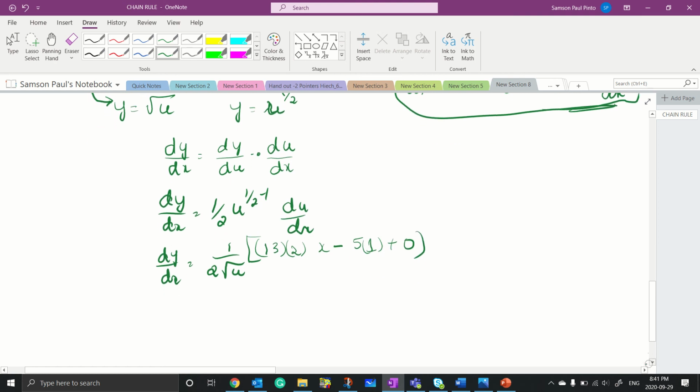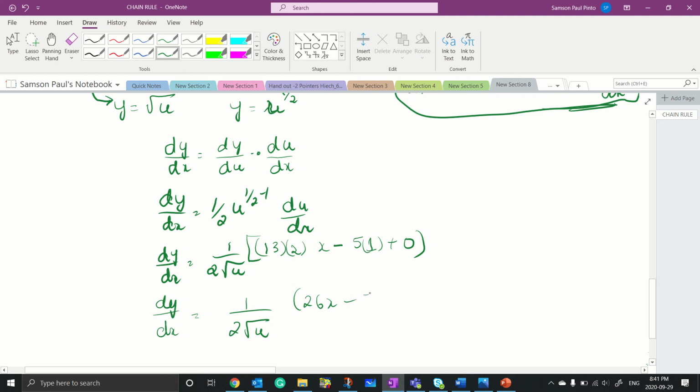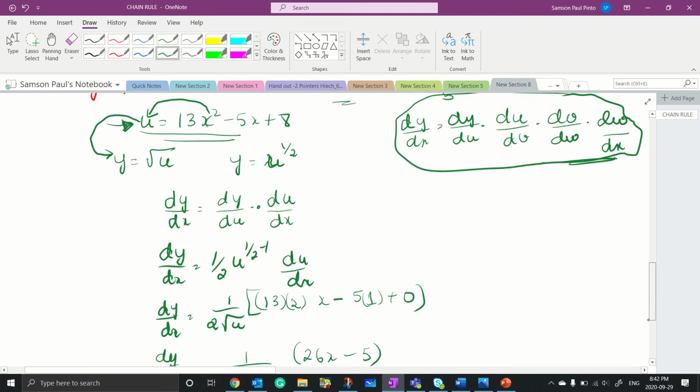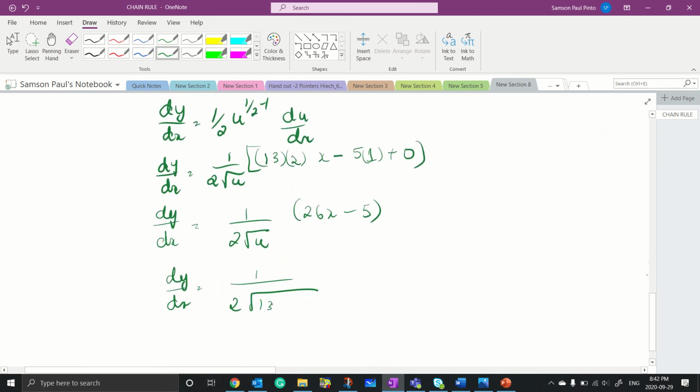Further simplifying, dy by dx is equal to 1 by 2 root u, 13 twos are 26x minus 5, and then I go further down and write dy by dx is equal to 1 by 2 root of 13x square minus 5x plus 8, into 26x minus 5, right?